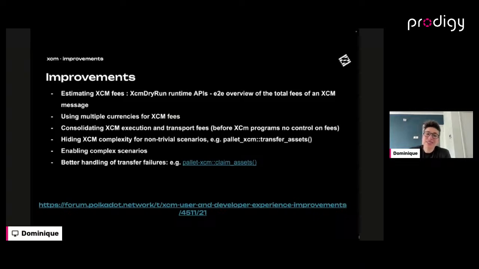Using multiple currencies for XCM fees: I think this is still under development, but instead of using only native tokens, you can use other tokens to pay fees for your XCM messages, which is very good.